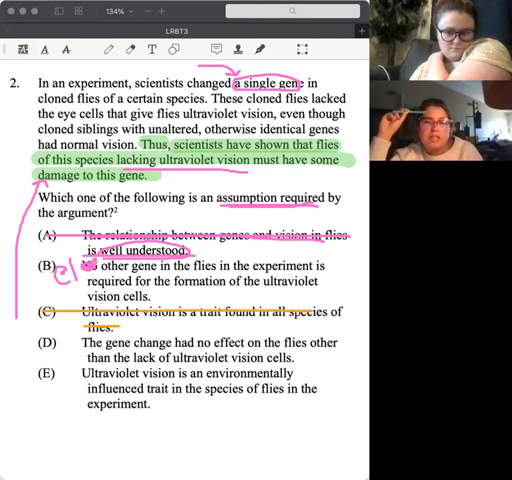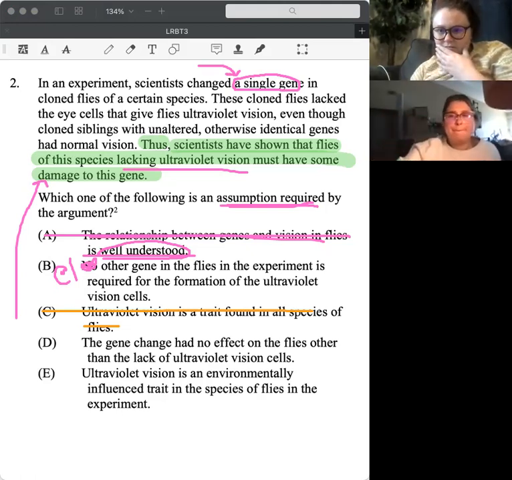I don't think that's necessary in this case. Like no other effect. We're just talking about the fact that it's lacking the ultraviolet vision. We don't care that it had no other effect. It could have had an effect on other things too, but it's not required for this conclusion to be true.